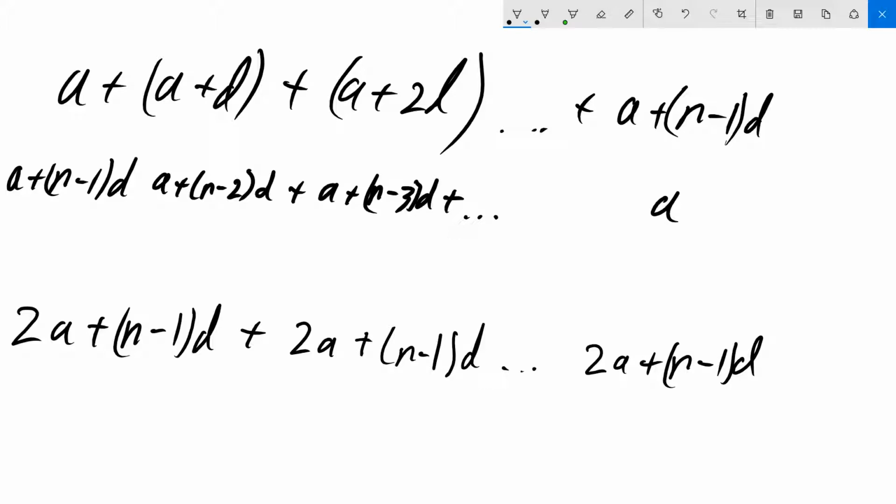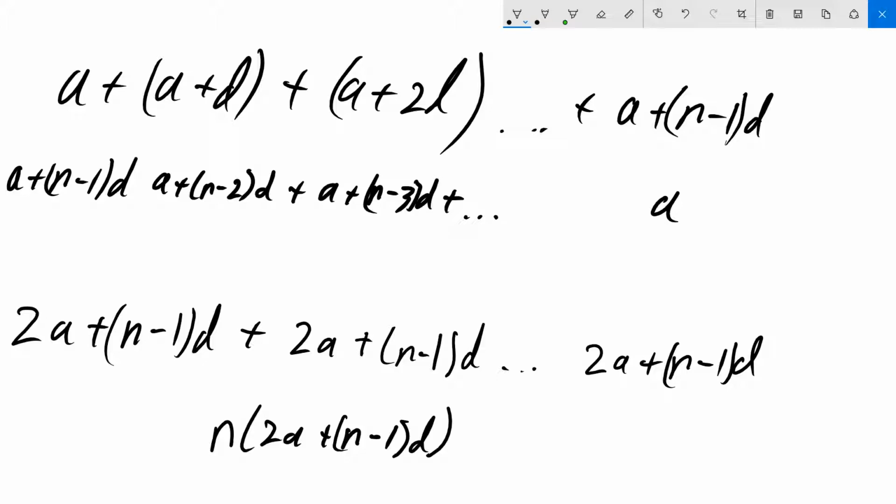So when we have something that happens all the time, the same thing added constantly for a certain number of times, we can turn this into a formula. We can say n lots of 2a plus n minus 1 lots of d.